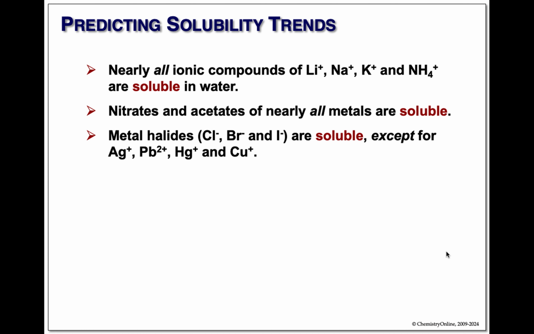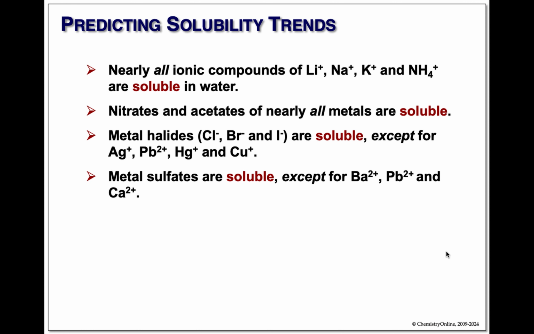Almost all metal halides, group 7, are soluble, except for these guys we refer to as the heavy metals, silver, lead, mercury, and copper. Those are insoluble. Metal sulfate, same thing, except there's a different group. Barium, lead, and calcium are insoluble.